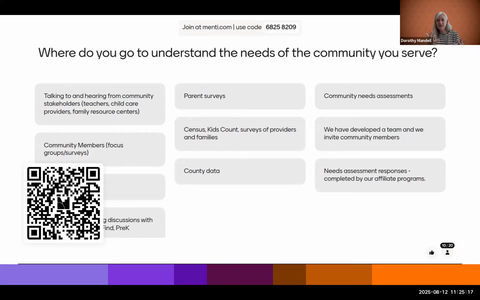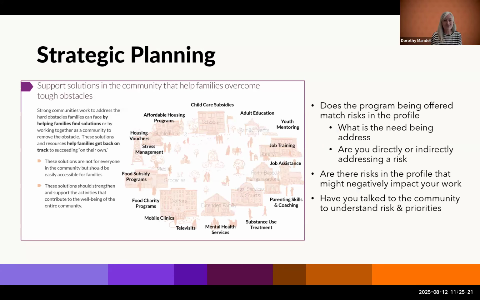So let's talk about, we're going to move into strategic planning and how to use these data for strategic planning. And for some of you, I know that we're going to be talking to the choir. And for some of you, I hope you get more out of this. One of the things I like to tell people when they're doing strategic planning, especially at the level of an individual service provider, is making sure that the service you're providing actually addresses a risk in the community.